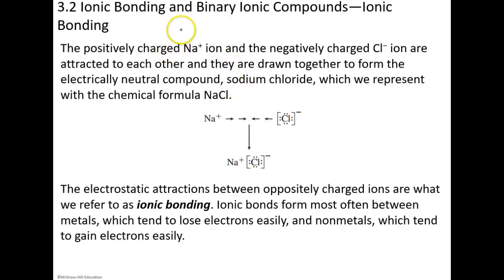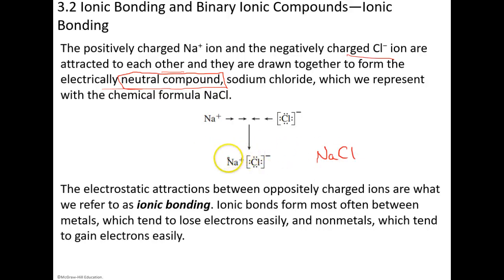So the positively charged sodium ion and negatively charged chlorine ion are drawn together to form an electrically neutral compound. This is the important part: neutral, meaning overall zero charge, which we represent by the chemical formula NaCl.